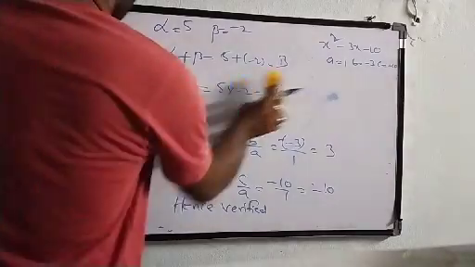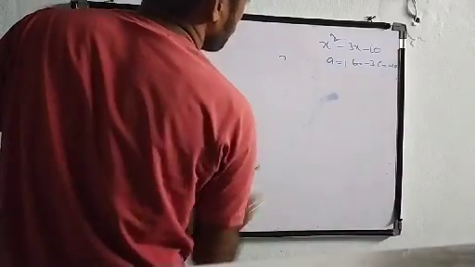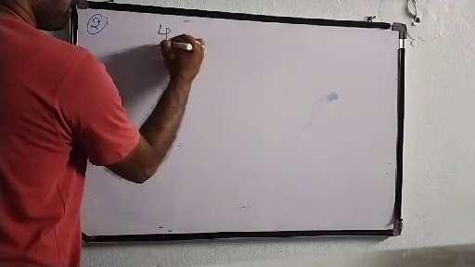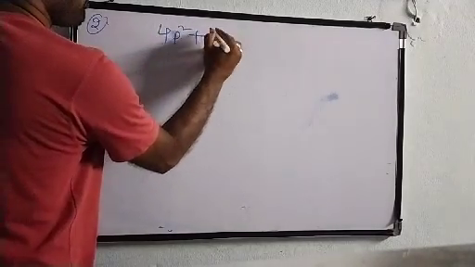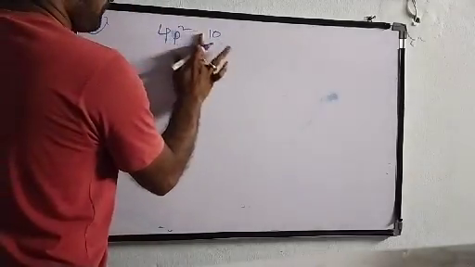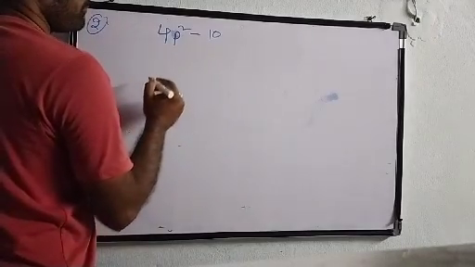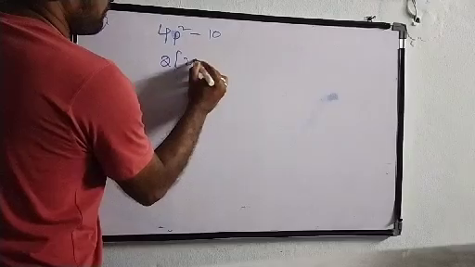So similarly we can take another simple question. If the question is like this, 4p square minus 10, directly we can take 2 common here.